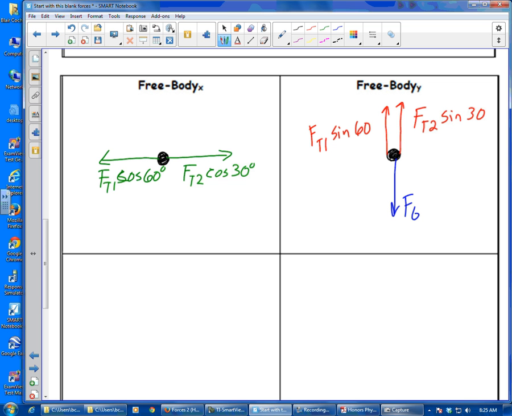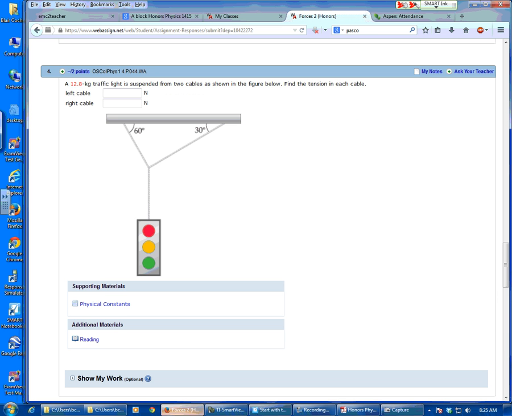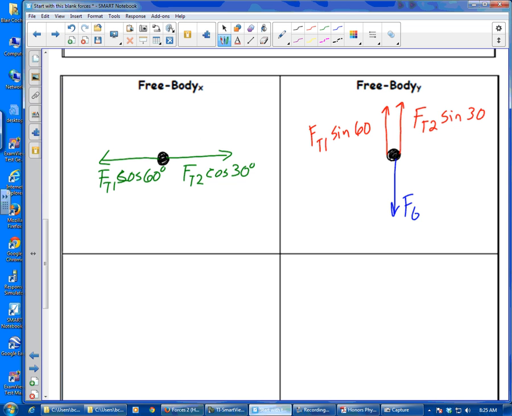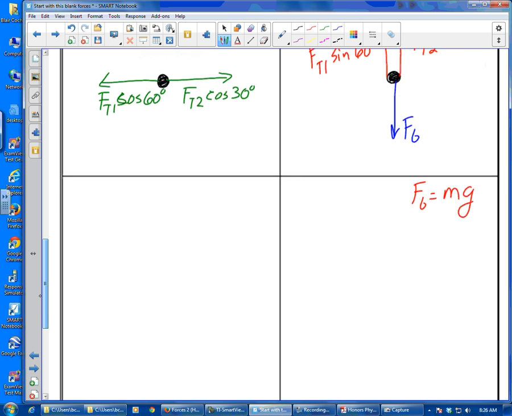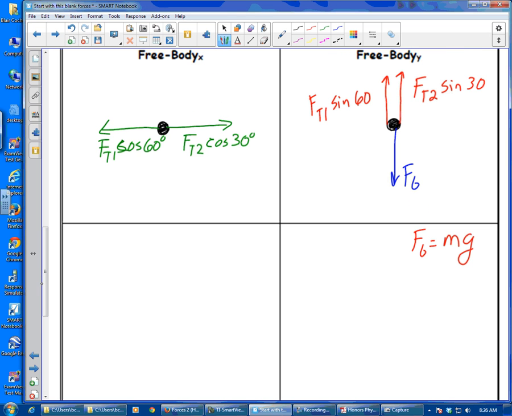I'm going to find how they're related to each other on the x side, and then how they're related to the weight on the y side, because I know the weight of this, right? I know its mass, 12.8 kilograms, and the weight is the mass times the gravitational field. Knowing that mass, I can find its weight. So the weight is the thing I know.